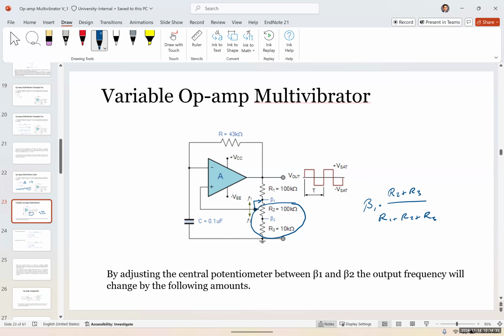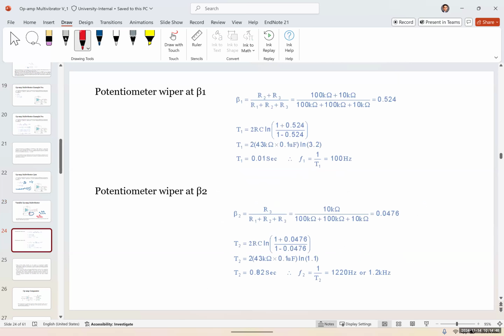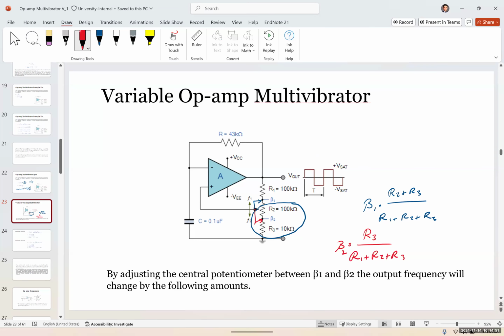And if it's at this point, then beta 2 would be R3 over R1 plus R2 plus R3. So this is for beta 2 and that's for beta 1. Because at beta 1, we only have this resistor. At beta 2, we have only this resistor left.